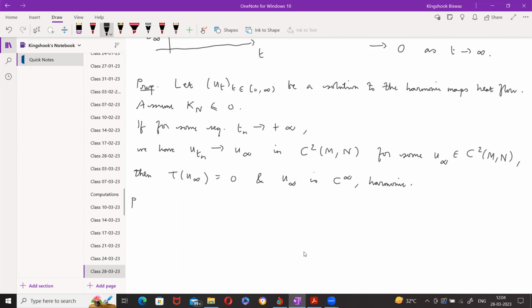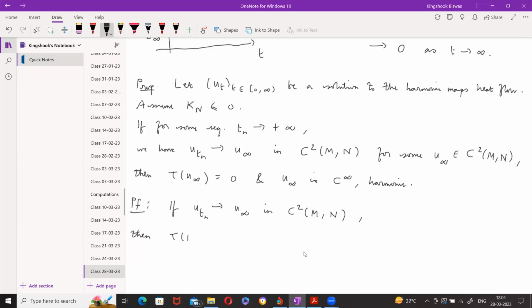So what's the proof? The proof is very simple. If the convergence is in C2 norm, that means the second derivatives converge uniformly, right? And the tension field, therefore, is a sum of second derivatives that will converge uniformly to the tension field of u_infinity, right?